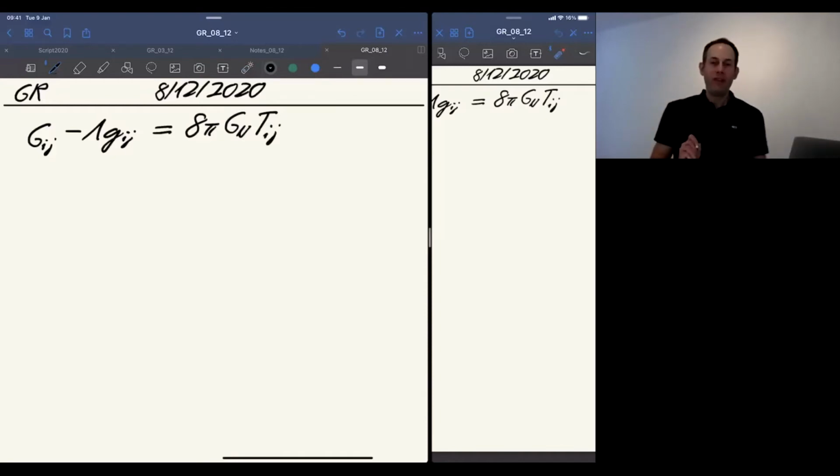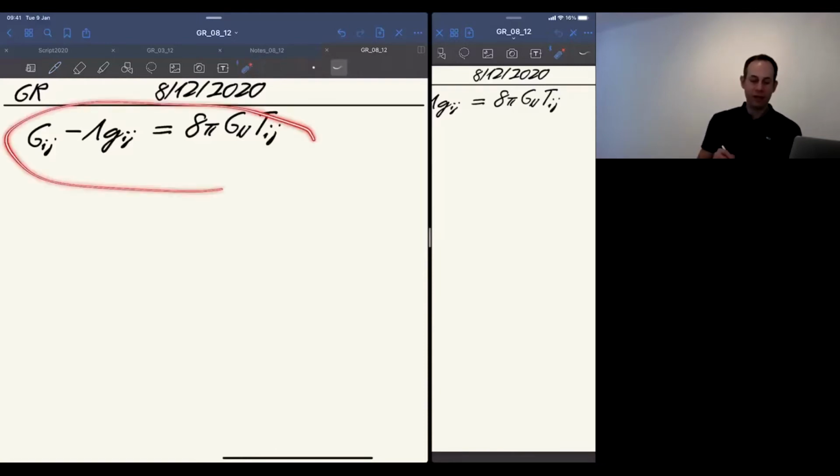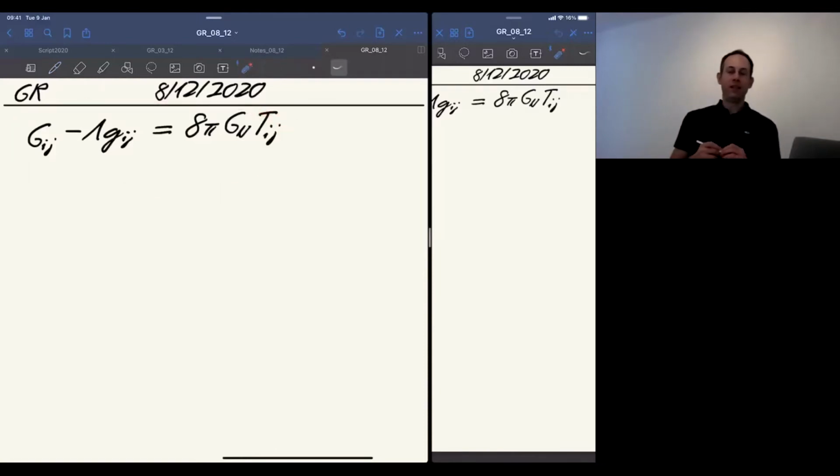Now, the obvious question that arises is, where does this equation really come from? That is a question that we will address today. There is no unique answer. The situation is a bit similar to Maxwell's equations.